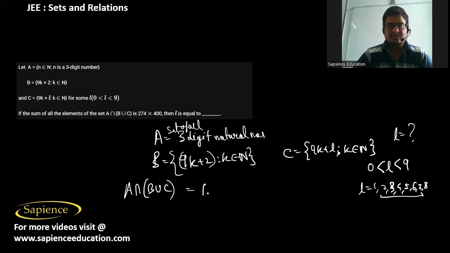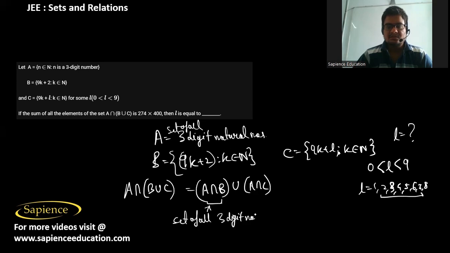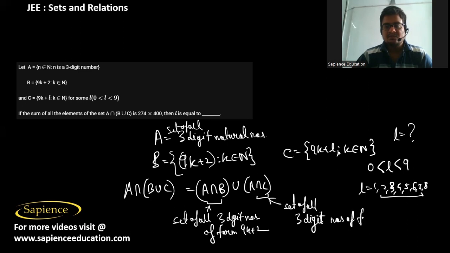A intersection B union C, we can write as A intersection B union A intersection C. A intersection B means the set of all 3-digit natural numbers of the form 9k plus 2, and A intersection C will be the set of all those 3-digit natural numbers of the form 9k plus L.